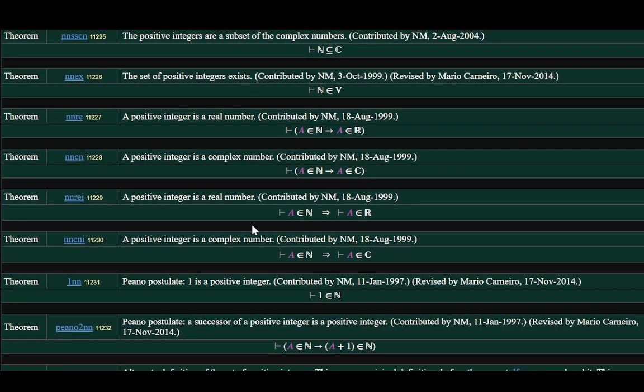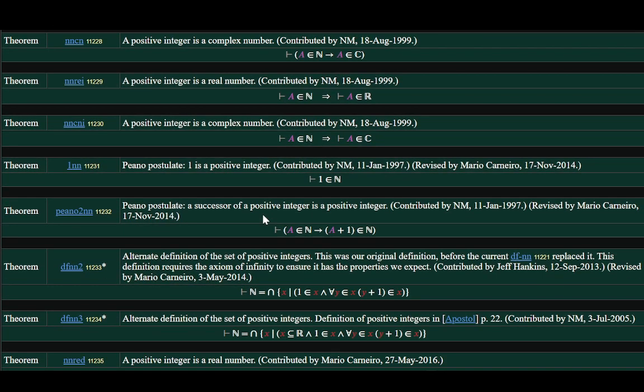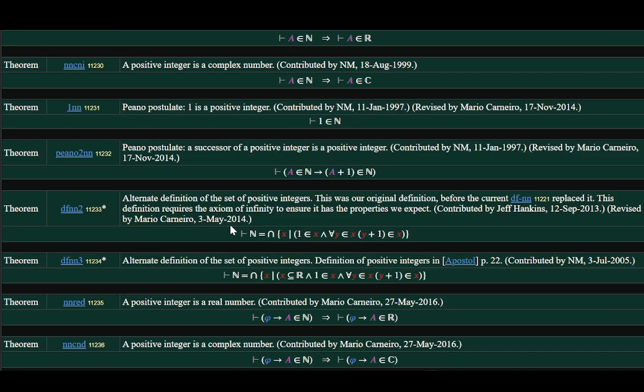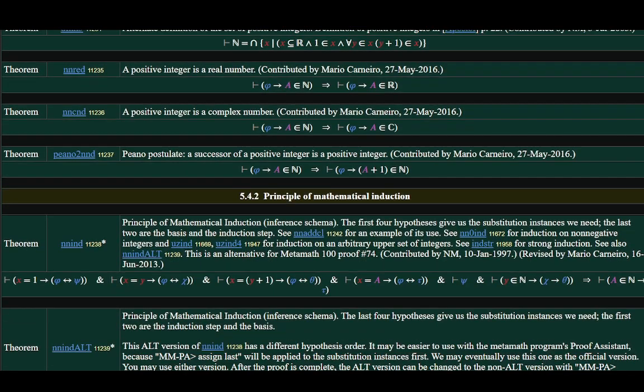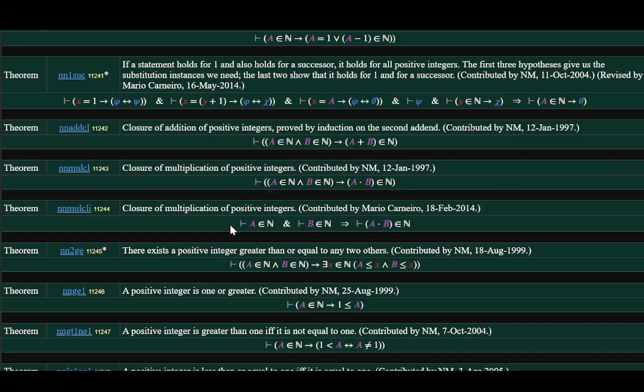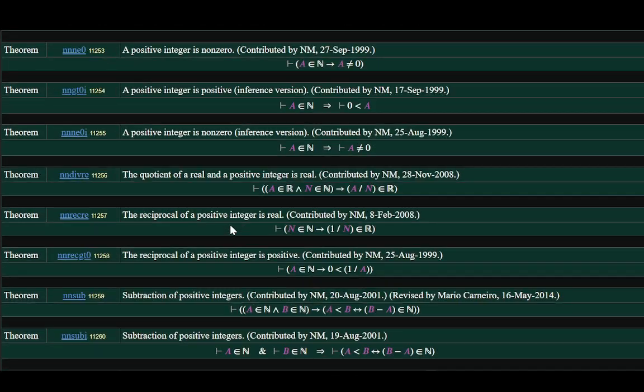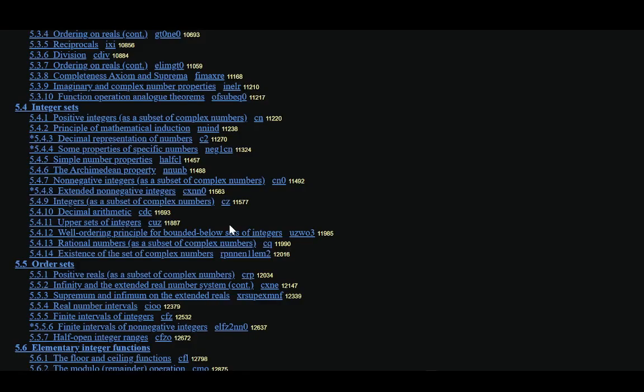If it's natural, it's real. 1 is natural. Principle of mathematical induction, eh? Some properties of specific numbers, special number properties of non-negative integers.